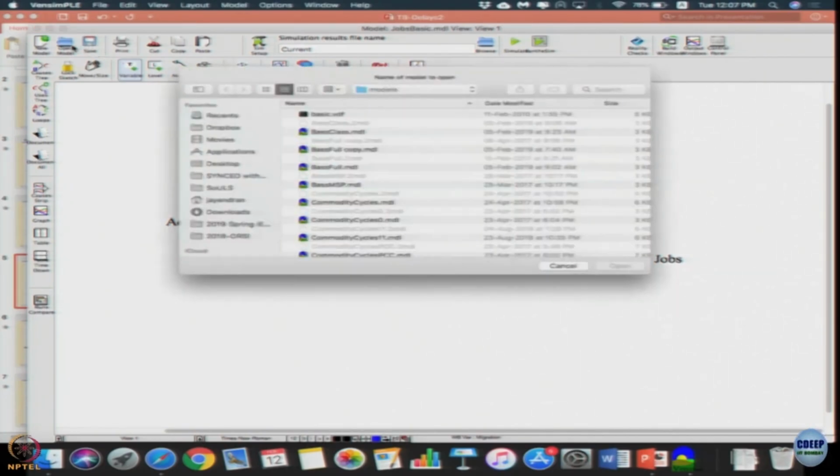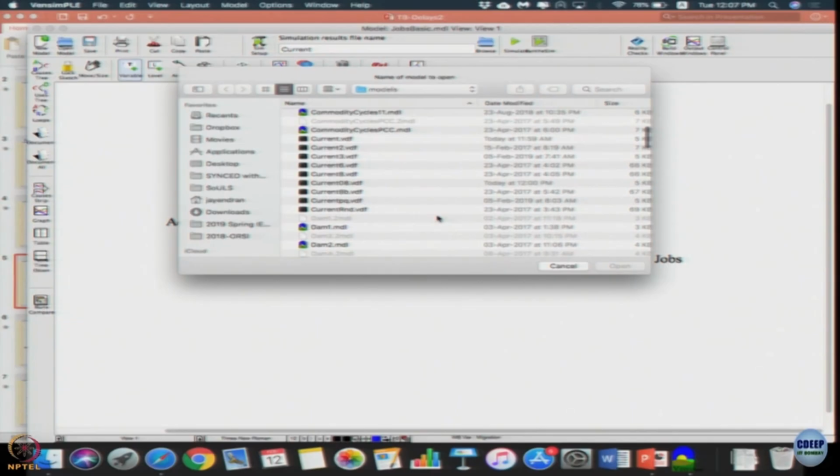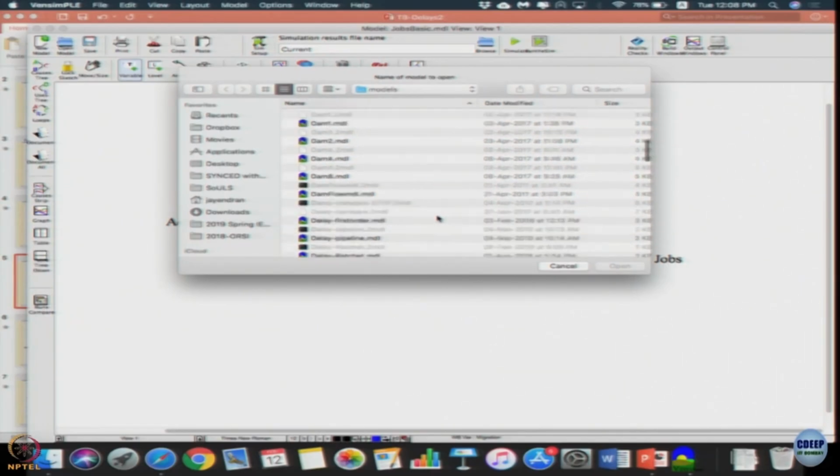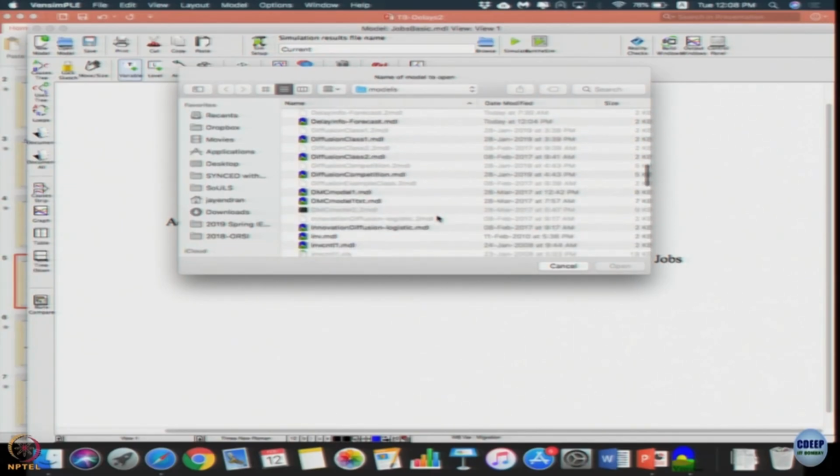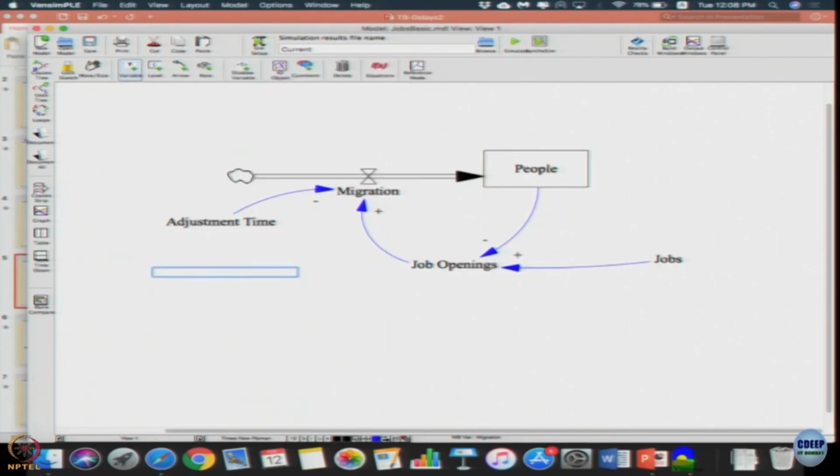Let me connect it to migration as well as job openings.